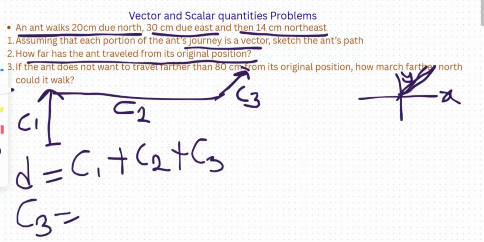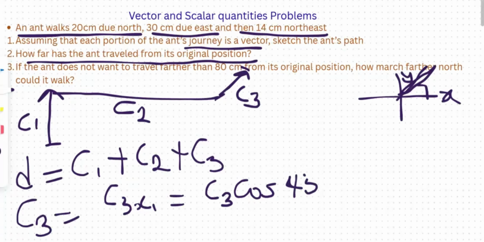C3 is between the X and the Y. So we have C3x would be C3 cos. Since it's at an angle between the north and the east, northeast, that is 45 degrees. That'll be C3 cos 45 degrees, which would be approximately 10 centimeters. So the 10 centimeters is towards the x-axis.